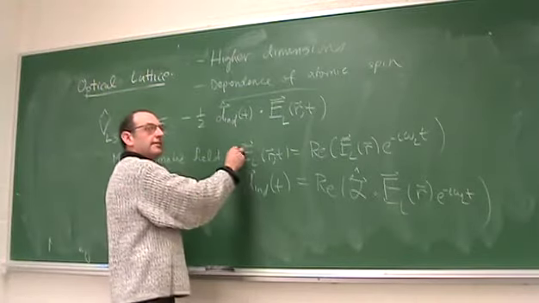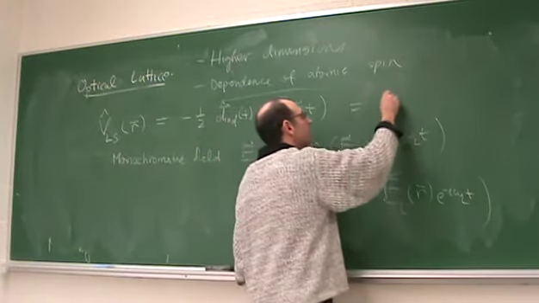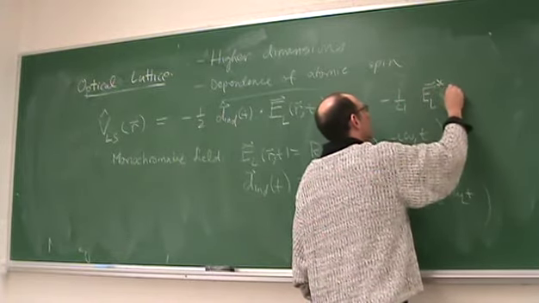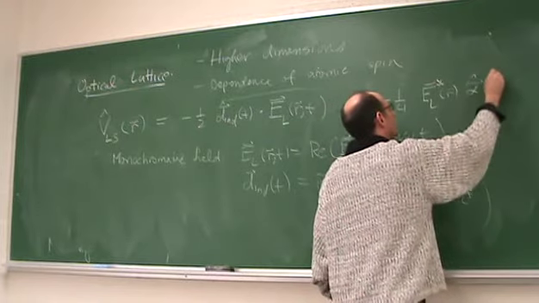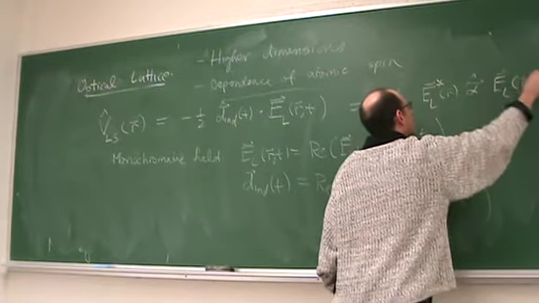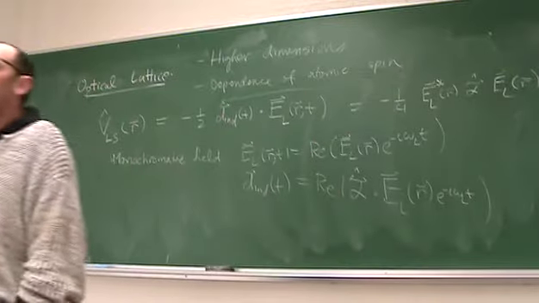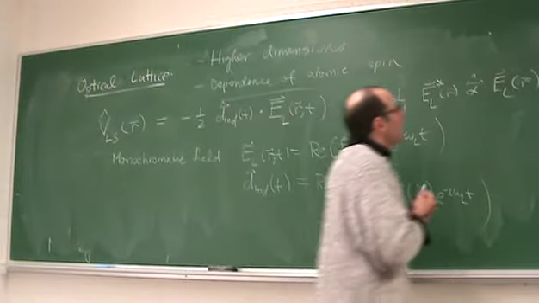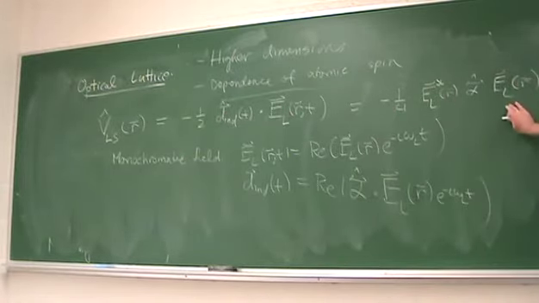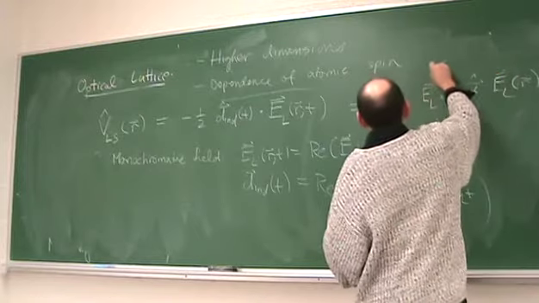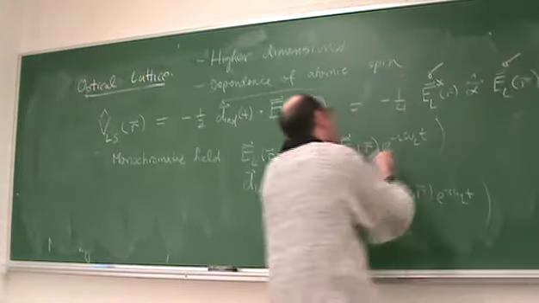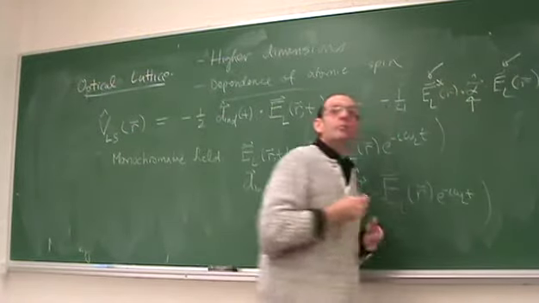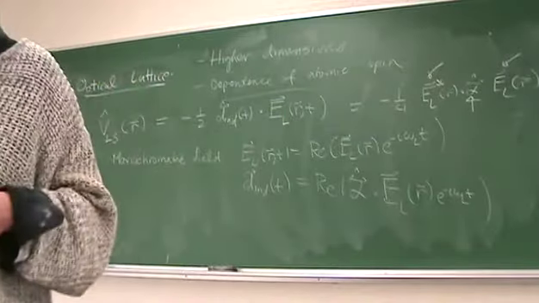And when we plug these two things in together, what we found was this is equal to -1/4 E star alpha dot E. Right? So we have the general form of the optical potential depending on an arbitrary configuration of this field, at least for the case of a monochromatic field, but it also depends on the polarizability of the atom, which depends upon the internal state as well.